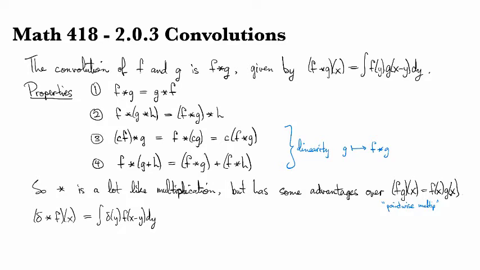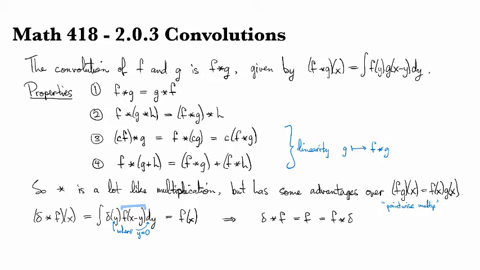Well, by definition, it evaluates where its argument, which is y, because we're integrating with respect to dy, is equal to 0. And so if I look at this term where y is equal to 0, I just get f of x. And so from leftmost to rightmost, this tells me that the convolution of the Dirac delta against f is just f itself. And by commutativity, we have that it goes both ways.